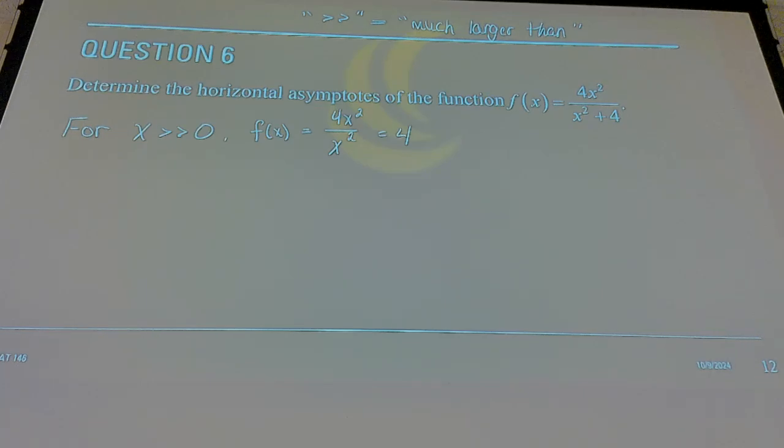Right, because what this statement means is that if you let x get very large, then f of x is going to tend towards 4x squared over x squared, which is just 4.